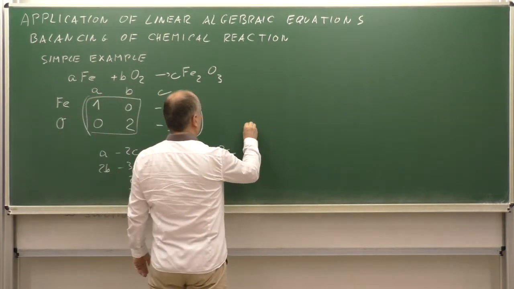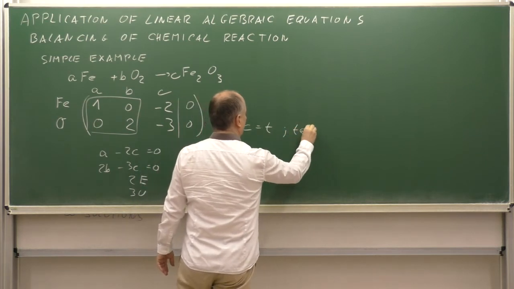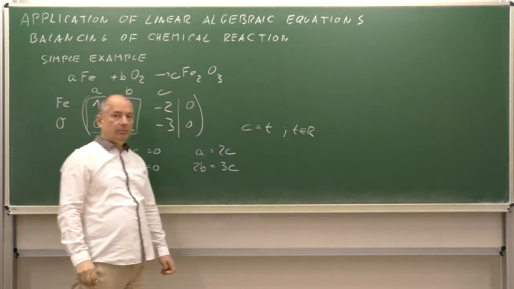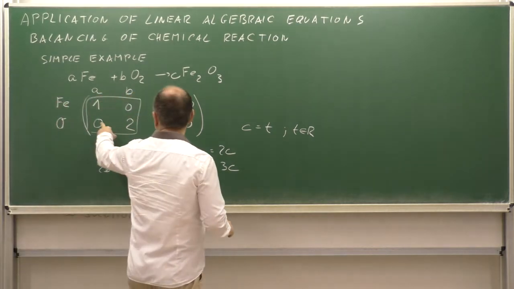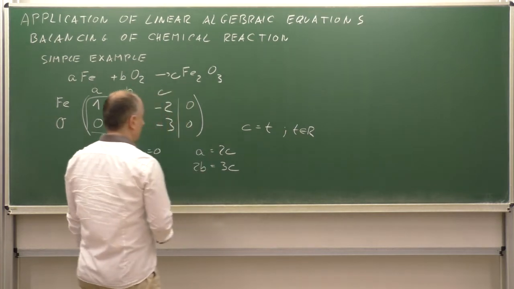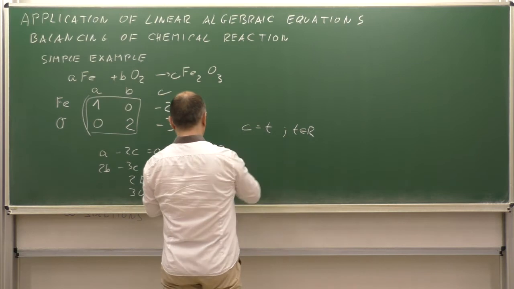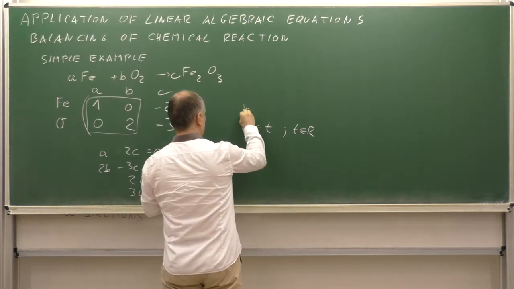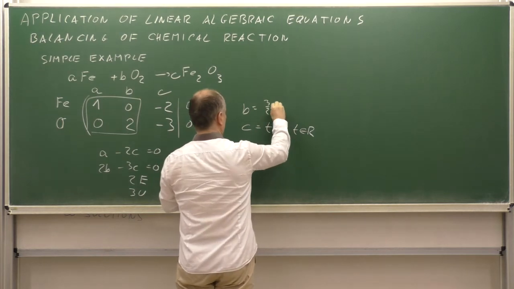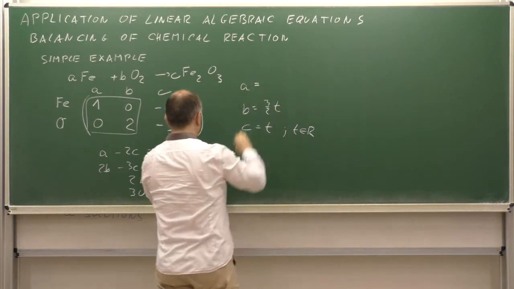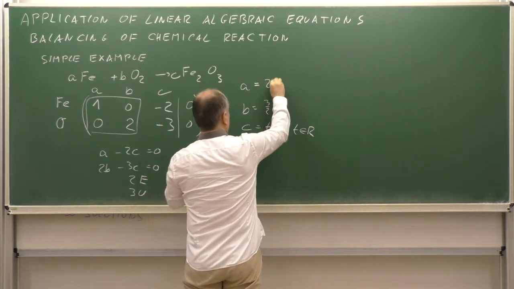Theoretically speaking, we can choose C being t with any real t, just from the mathematical point of view. And then, from this equation, we see that if 2B is 3C, then B is 3/2 of C, which is 3/2 t. And then A is 2C, but C is t, so this is 2t.